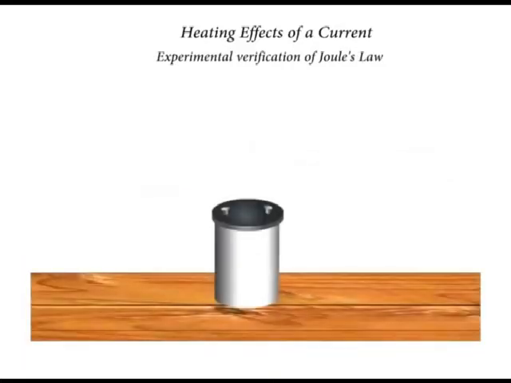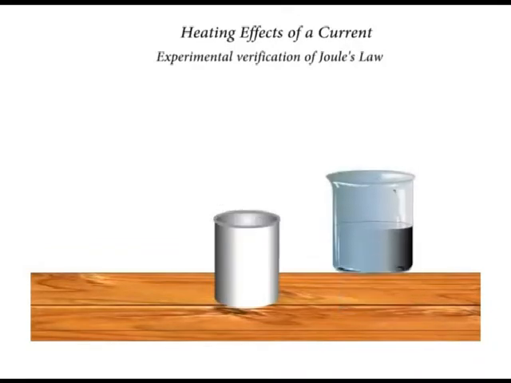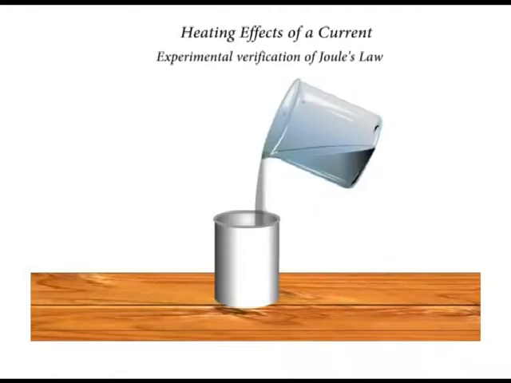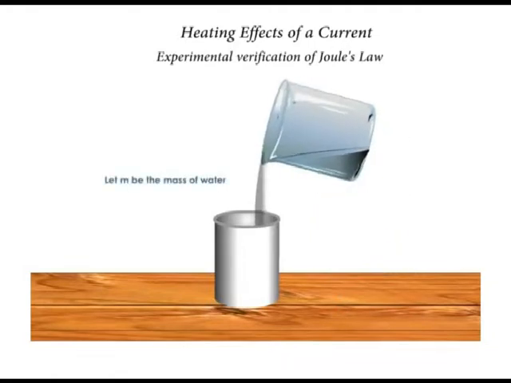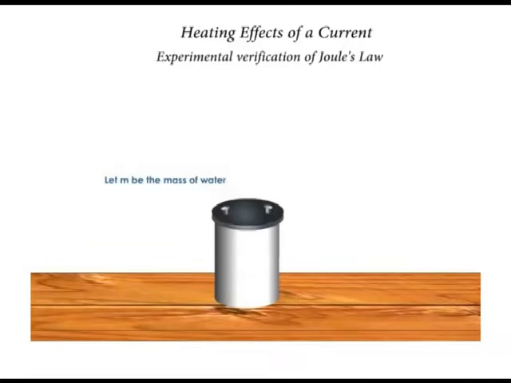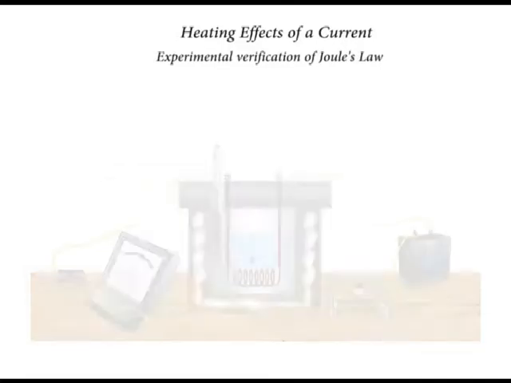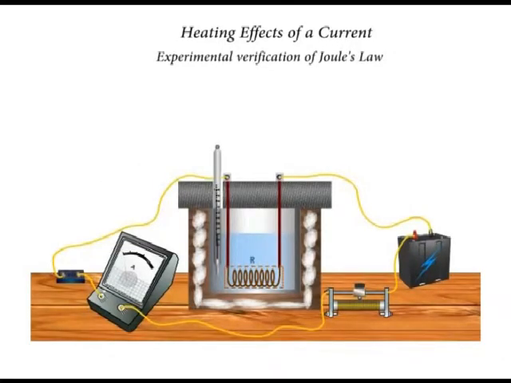Let's see how to arrive at the Joule's law. Joule filled 2/3 of the calorimeter with m grams of water. He placed a resistor R inside the water. The calorimeter was connected to an ammeter and a rheostat.